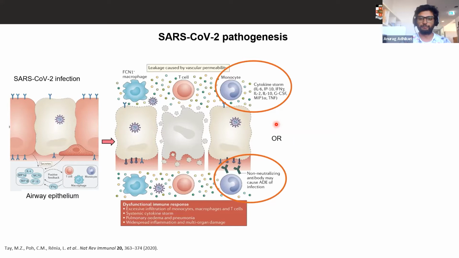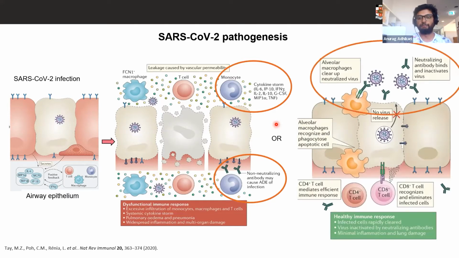In the protective response, you would see a better response in every aspect of the innate and adaptive immune system. For example, you'll have better neutralizing antibodies present to neutralize the virus. The immune complexes are efficiently cleared by monocytes, which are one of the primary phagocytes employed during early infection.